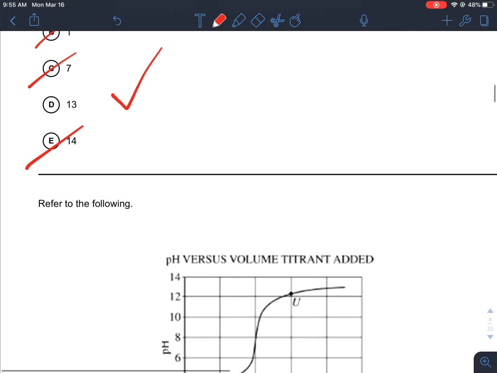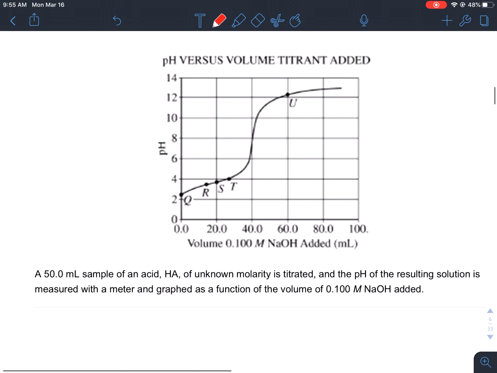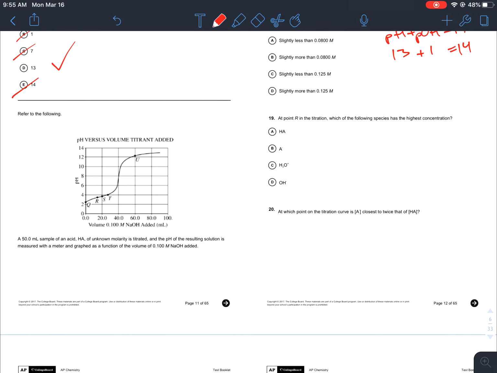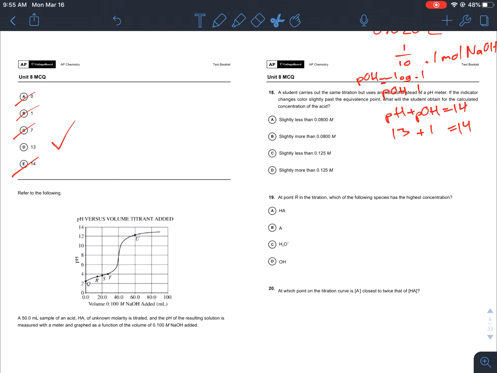All right, pH versus volume of titrant added. A 50 milliliter sample of HA has an unknown molarity, is titrated, and the pH of the resulting solution is measured with a meter and graphed as a function of volume of 0.1 molar NaOH.